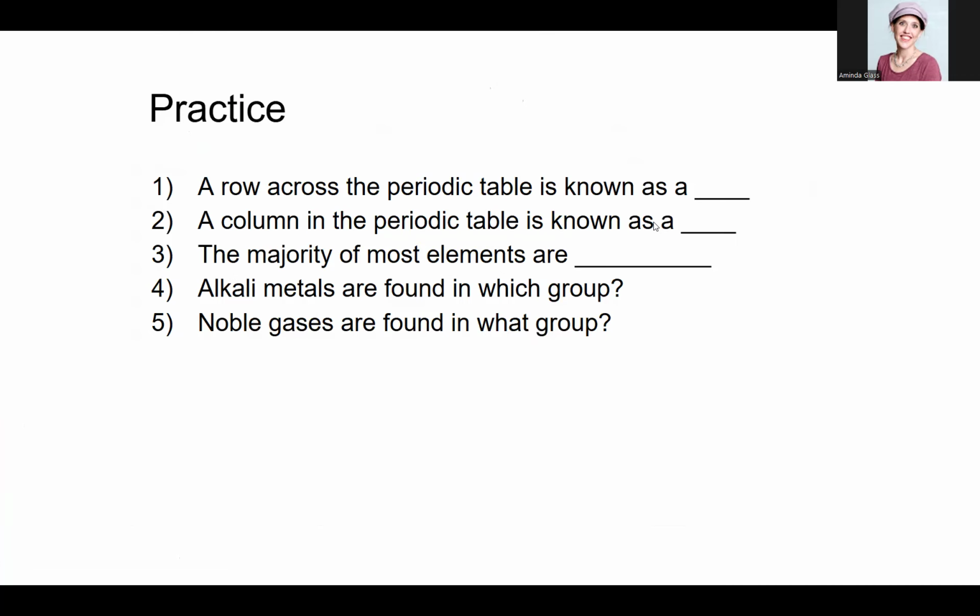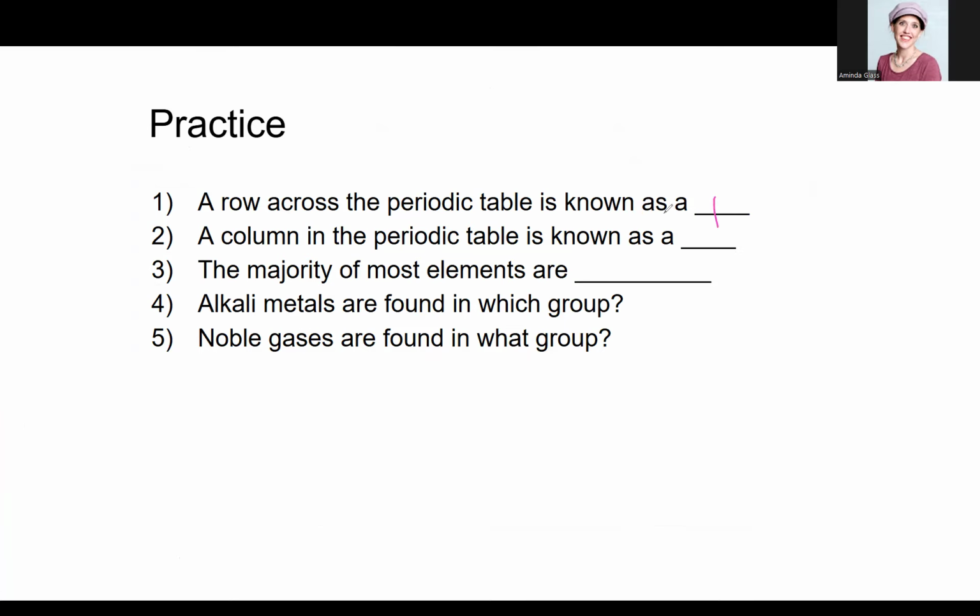So let's do some practice. Go ahead and pause it and then come back whenever you've answered the questions and check your work. So here, a row across the periodic table is known as a period.